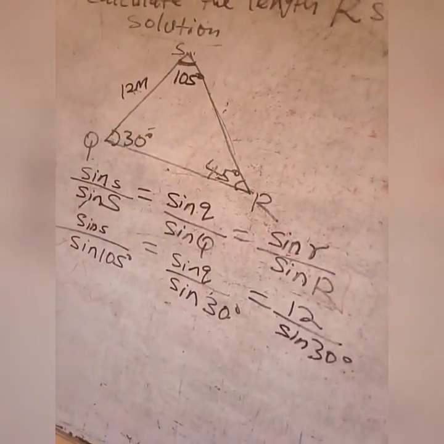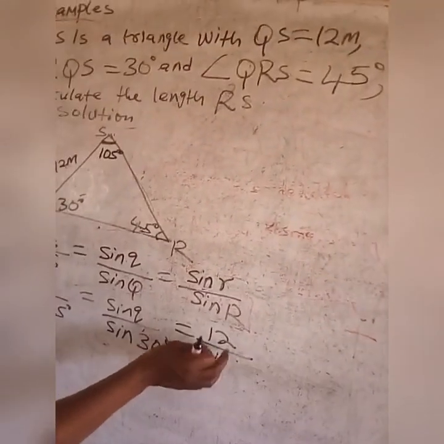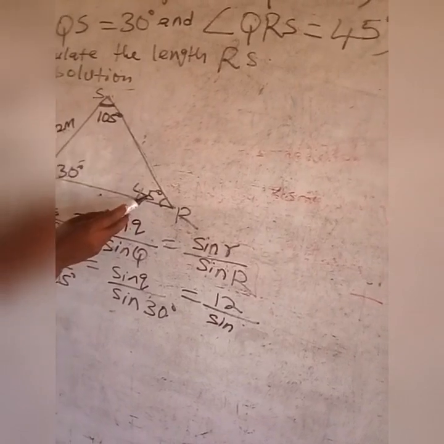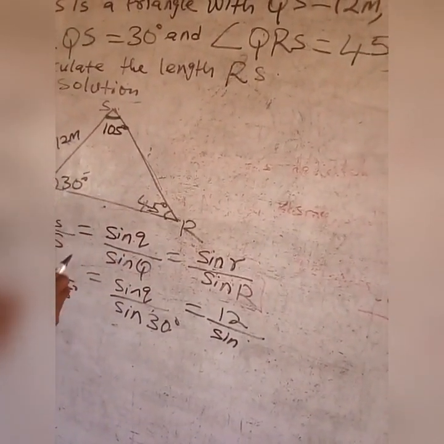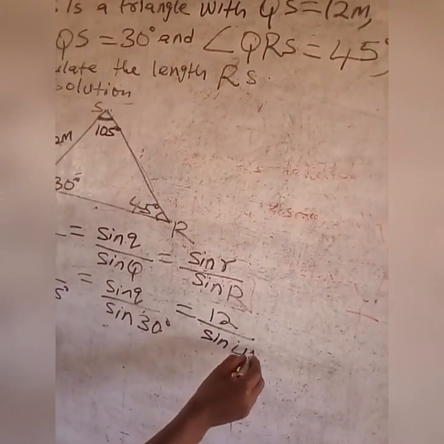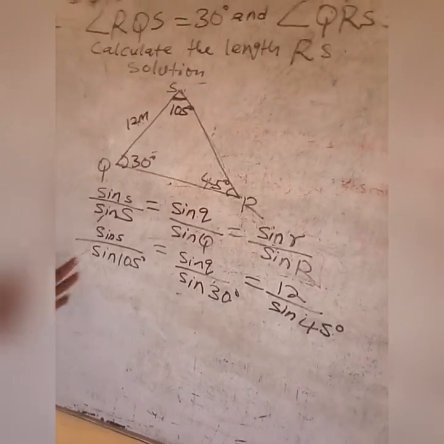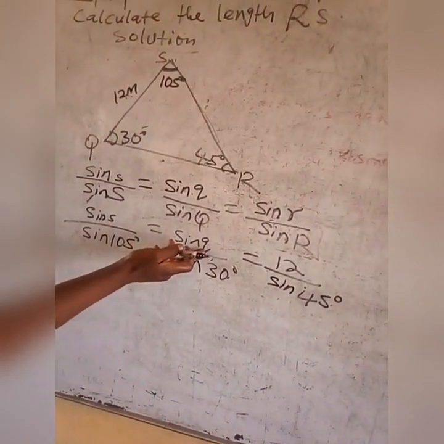Looking at these, this small side is 12 meters, and this big R is 45 degrees. Do you see that I need sine Q?